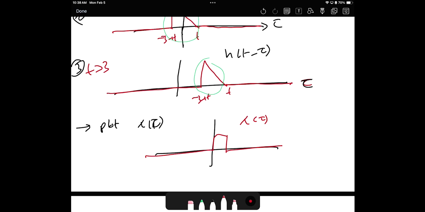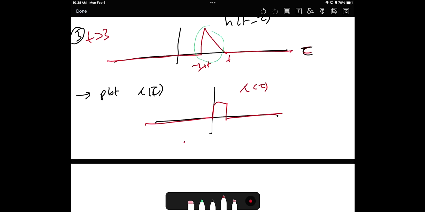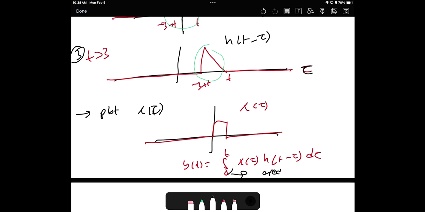We know y of t equals the integral from 0 to t of x of tau h of t minus tau d tau, which is related to area. Integral means area. So you see whether there is any cross-section area between x of tau and h of t minus tau. If there is cross-section area, then the integral of that area is the convolution. If there is none, then the convolution is 0.